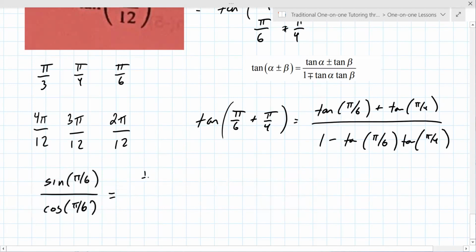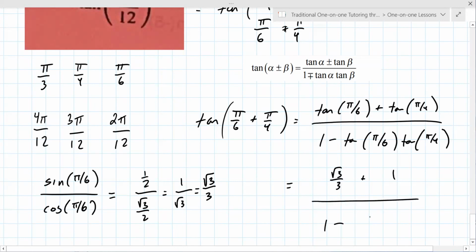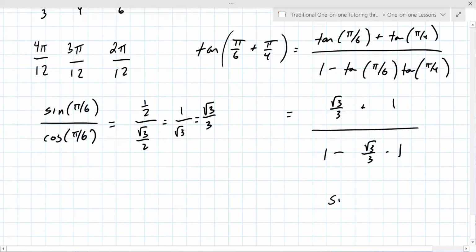Okay, yeah, you're not alone. I get calculus students that just don't get it. And so this is square root of 3 over 3. So it ends up being square root of 3 over 3 plus 1 over 1 minus square root of 3 over 3 times 1. To me, this is done, but there's simplifying that needs to happen from here.